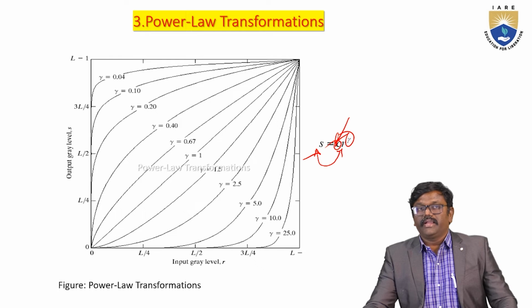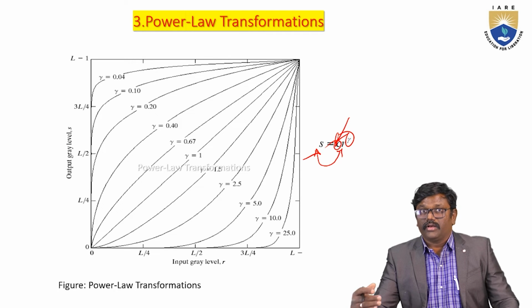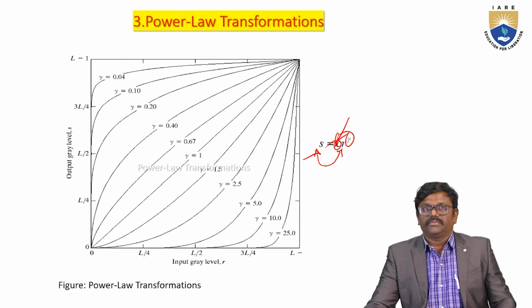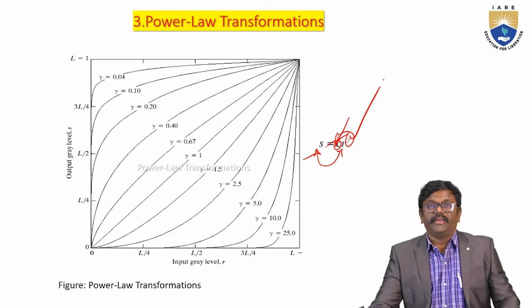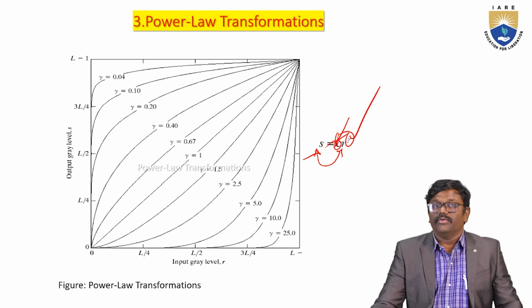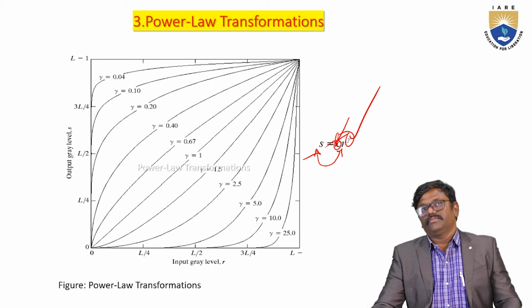So c and gamma are both parameters, which we also call the rating parameters of the transformation. So the power law, that is gamma, will define at what gamma value you achieve your required intensity transformation.